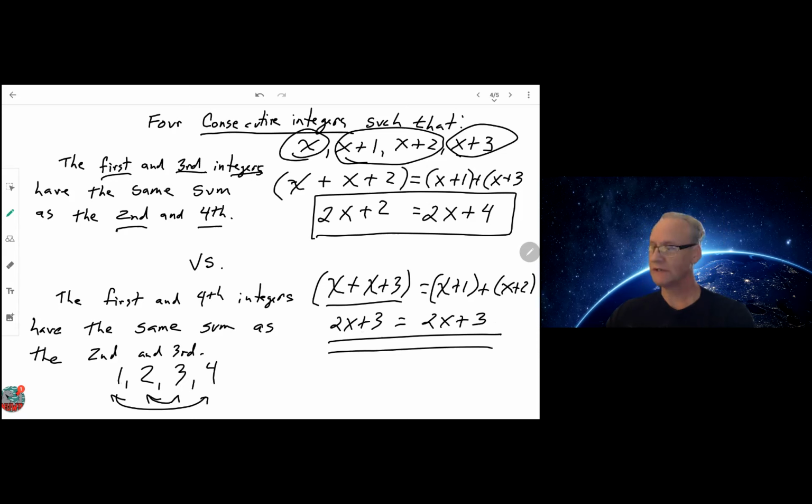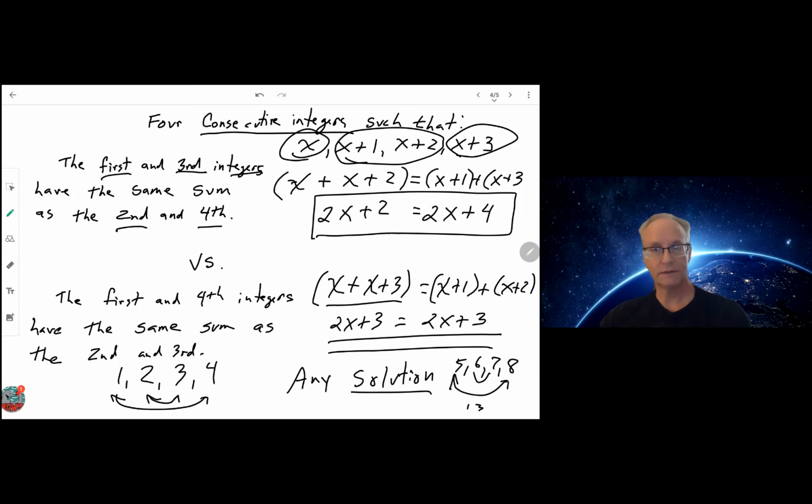So the first and fourth integers have the same sum as the second and third. Any solution, well, any integer solution will work. And we have an infinite number of choices. If I had started with 5, 6, 7, and 8, you can see that the first and the last add up to 13, and the middle pair adds up to 13.